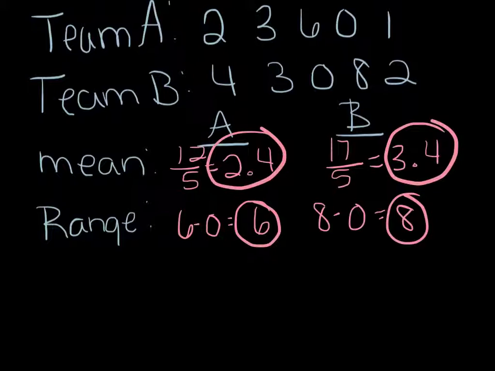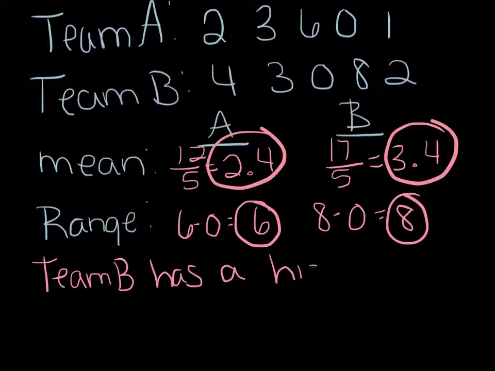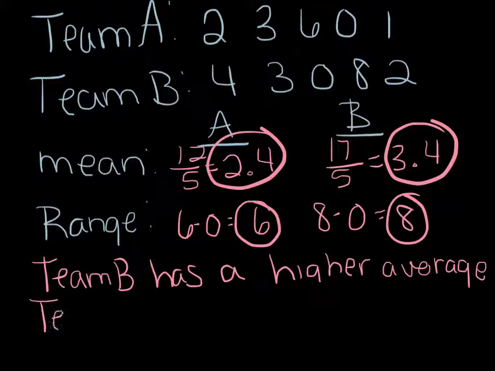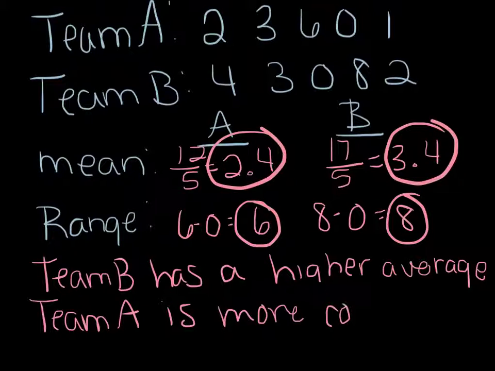Okay, so what I would want you to say here is that Team B has a higher average, but Team A is more consistent. Okay, well, Team B has a higher average because their mean is higher, but Team A is more consistent because their range is lower.